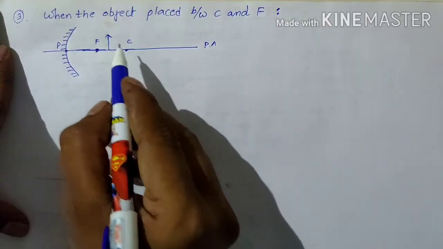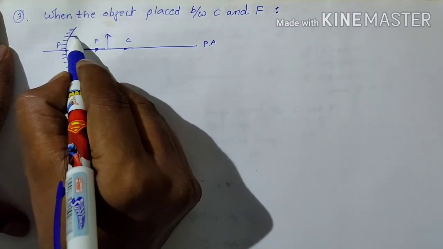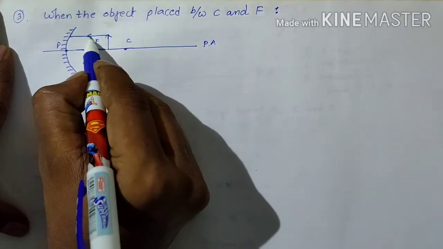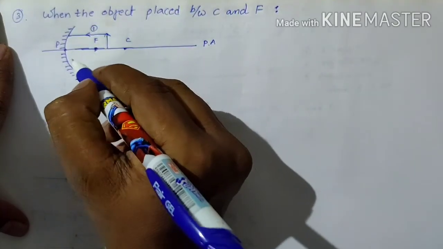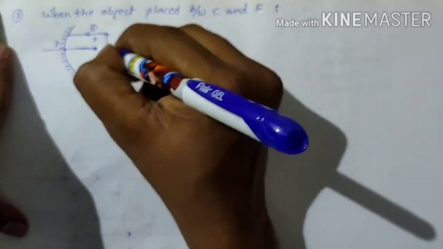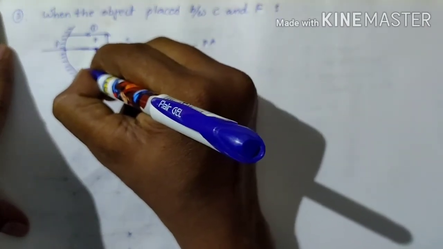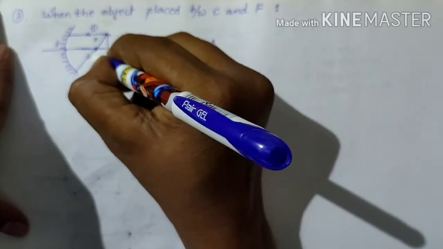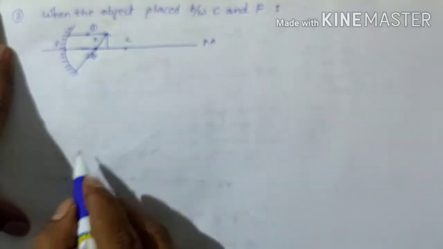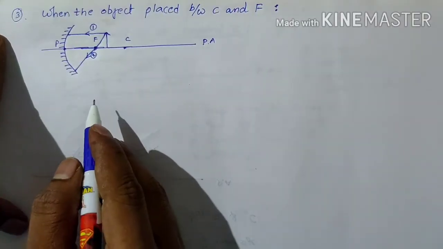Now we have to draw two rays. The first ray is the parallel ray. This is the first ray. And the second ray passes through the focus. This is the second ray. So now we have to draw the reflected rays.